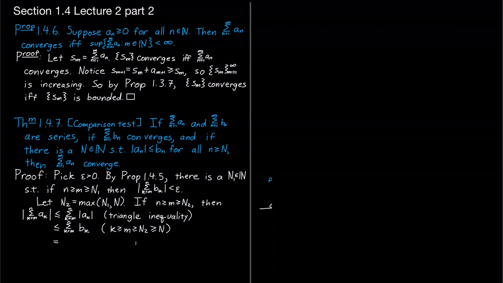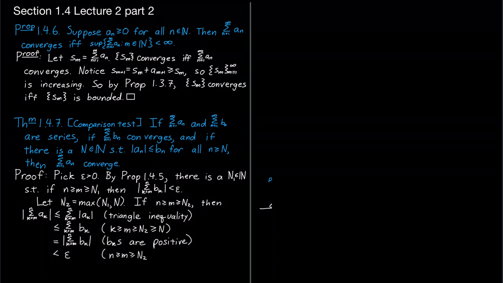And then that equals the sum of bk, since the bk are all positive, so I can go ahead and throw the absolute value bars around it. And then this is going to be less than epsilon, because n is bigger than m is bigger than n2, which means it's bigger than n1.